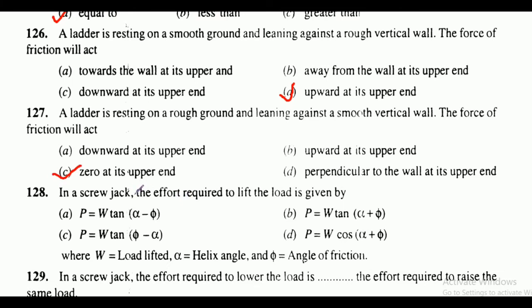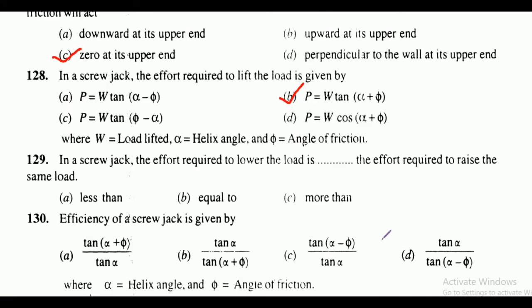Next is, in a screw jack, the effort required to lift the load is given by, here friends, these are the options, and here W is equal to load lifted, alpha is helix angle, and phi is angle of friction. And here friends, correct answer is option B, that is P is equal to W tan into bracket alpha plus phi.